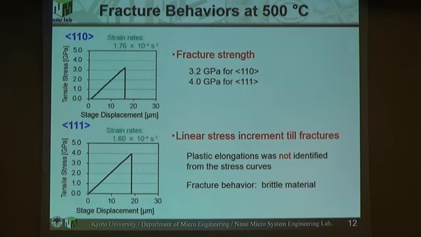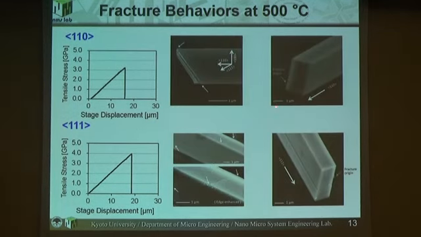By looking at the fracture surface, we could see a brittle-like fracture, but at the same time we observed some strips like this. Especially for the 110 specimen, the fracture initiated near this strip, but for the 111, we couldn't see any relationship between the strip and the fracture.